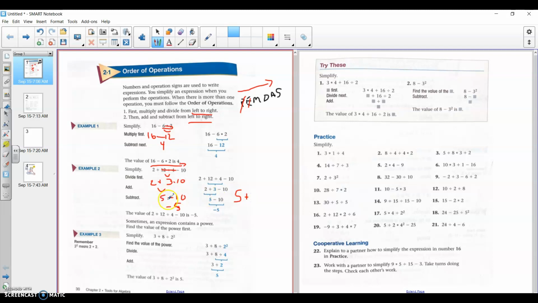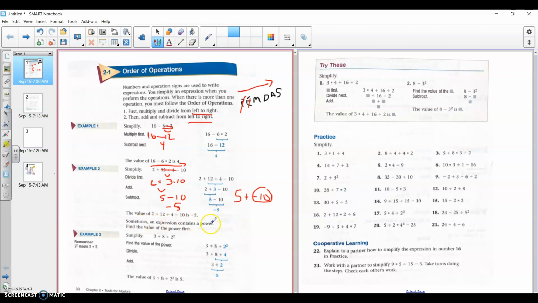And then the subtraction sign hides a positive 10, which I now need the opposite of, giving me negative 10. And then my addition integer rules tell me different signs, subtract 10 minus 5, which is 5, and attach the sign of the larger number, and that's a negative. So a couple things. You got to know your order of operations. You're going to have to use that in your interactive notebook, and you're probably going to need to utilize your integer sheet as well that's in your notebook.